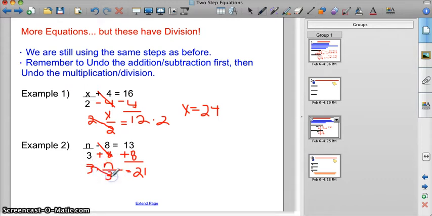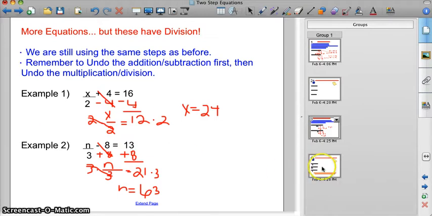The 3's cancel to 1, and I multiply by 3 on this side, and I'm left with n equals 21 times 3. 21 times 3 is 63. I can check that I'm right by putting in 63 divided by 3, finding out that it's 21 minus 8 equals 13, and I know I am correct.